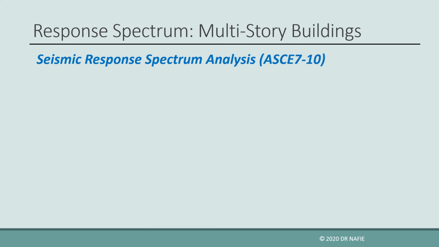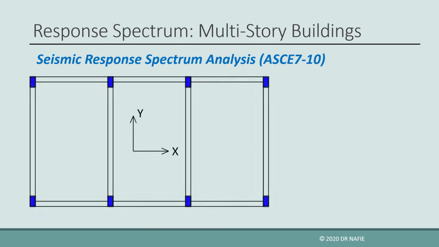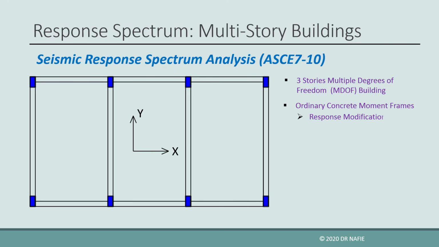Now let us look at an example. We have a 3-story building which is formed of ordinary concrete frames, so the response factor R is equal to 3 according to ASCE7-10 Code. The response factor R is a factor used to change the results obtained using a linear elastic analysis to its equivalent non-elastic response.